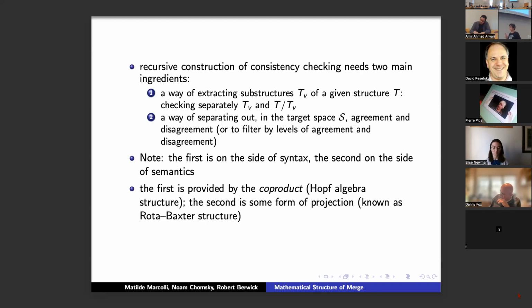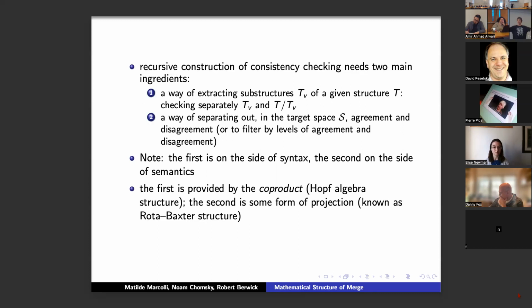So there's an interesting point here, which is that these two requirements that you have, these two things that you need, one of them is entirely on the side of syntax. The other one is entirely on the side of semantics. So these constrain the two sides of your interface.